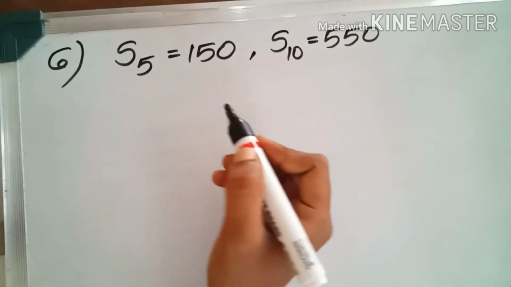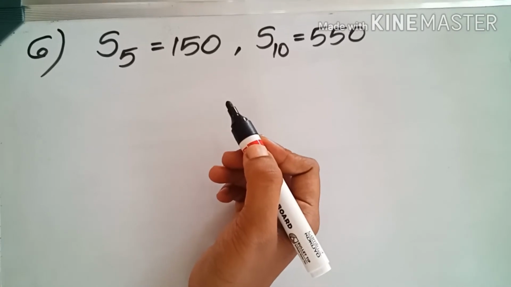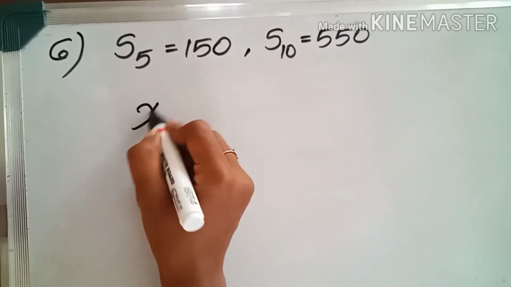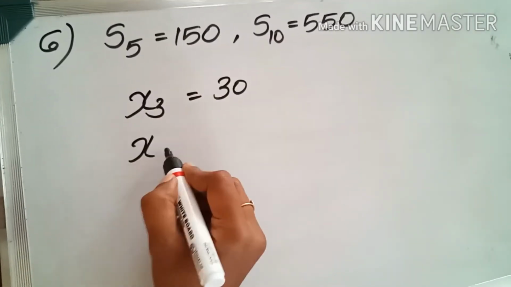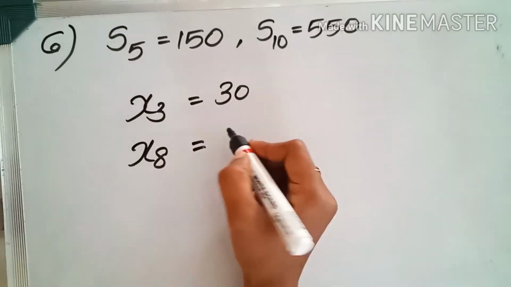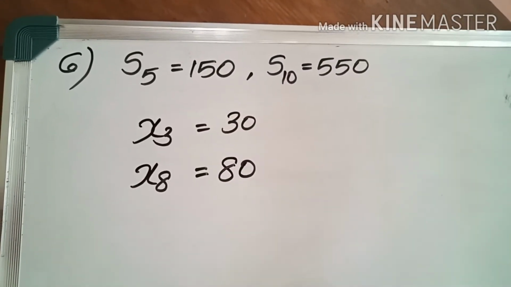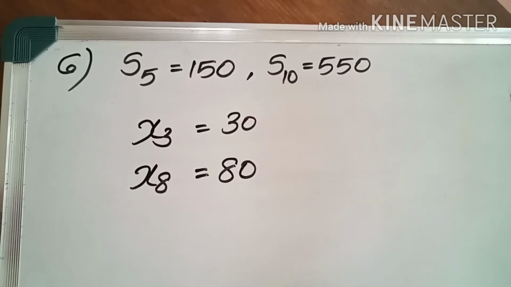Next, we have to find the first 3 terms. The third sub-question is to write the first 3 terms of this particular sequence. For that, we got the third term x3 equal to 30 and the 8th term x8 equal to 80. Now we need the common difference; then only we can write the first 3 terms.